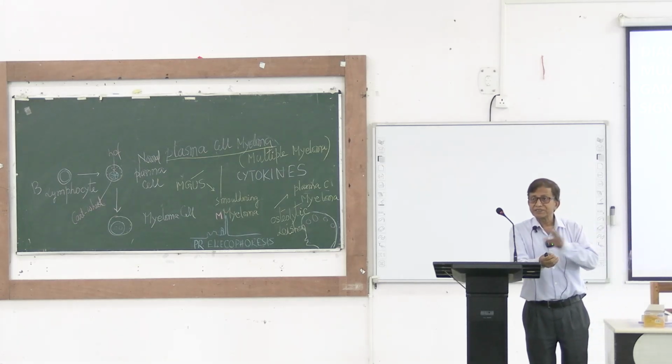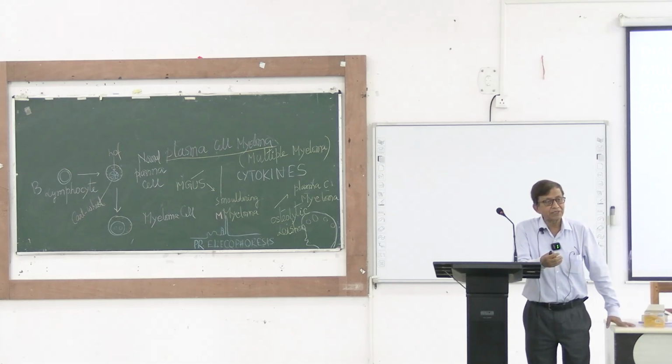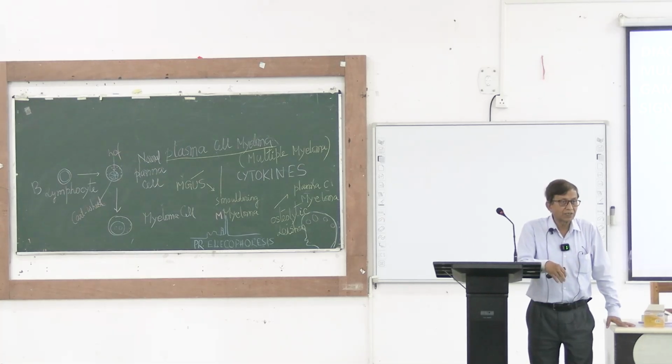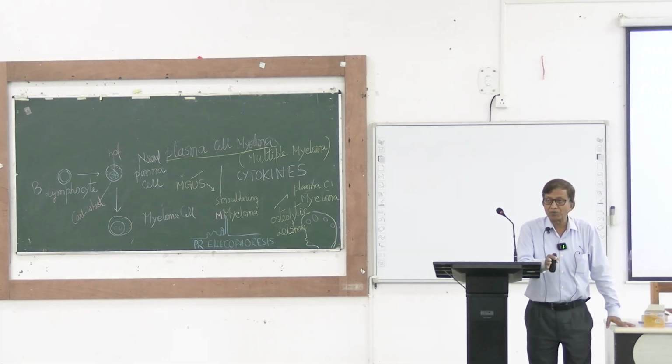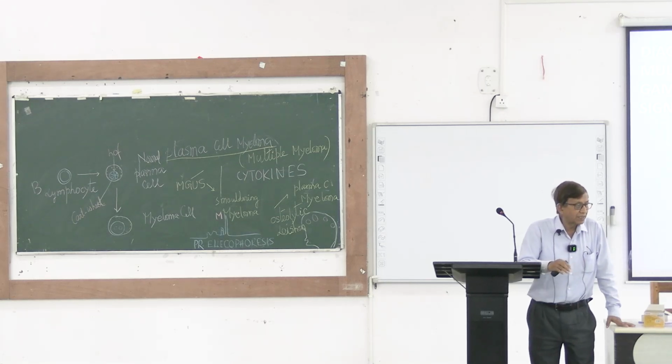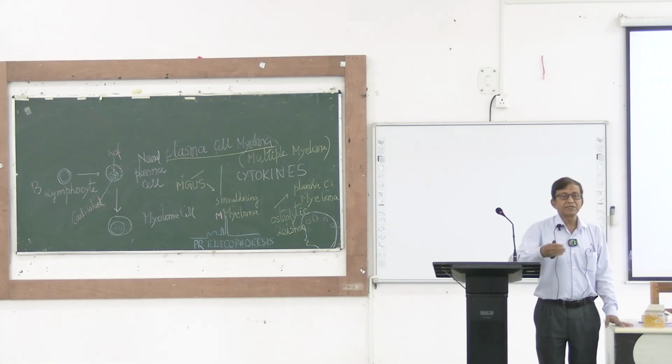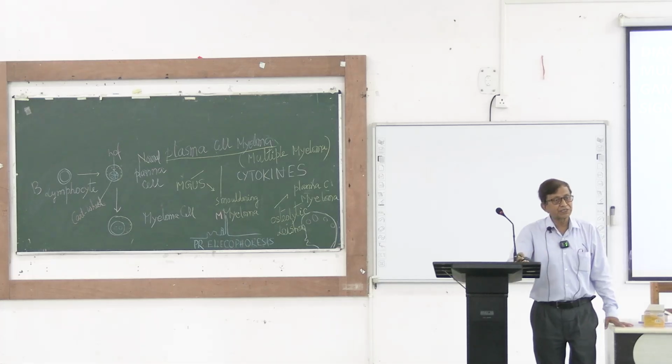The disease remains the same. The World Health Organization has slightly modified the nomenclature. We call it plasma cell myeloma. So all your questions in competitive exams and university exams will appear as plasma cell myeloma. A very big name, which is nothing but a B lymphocyte transformed into a plasma cell, transformed into a malignant plasma cell.